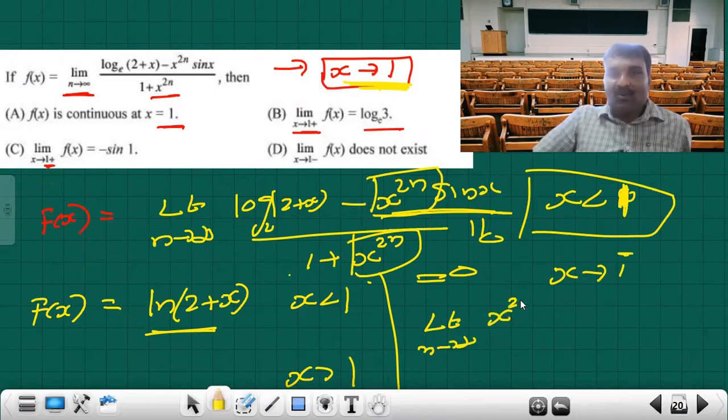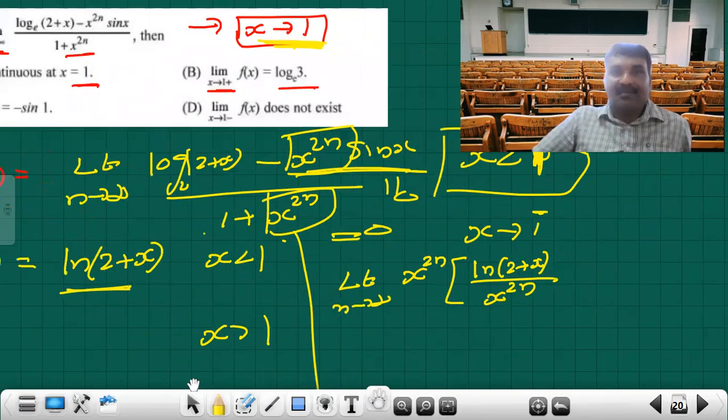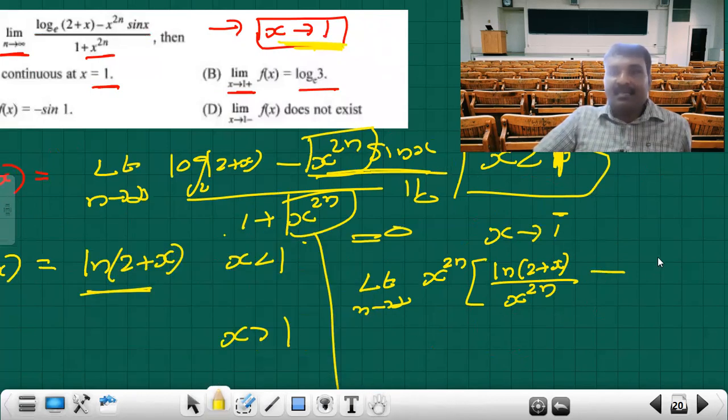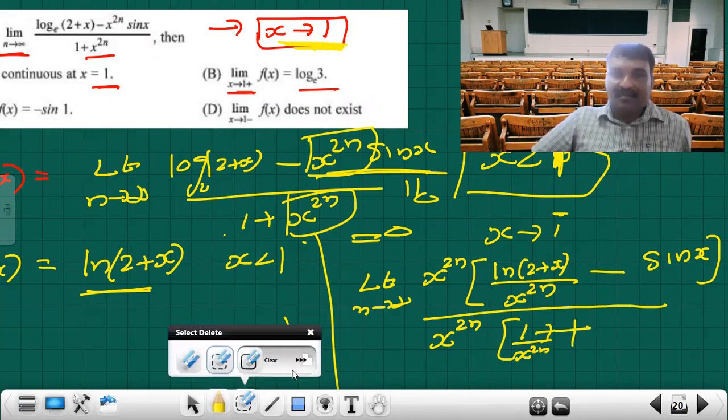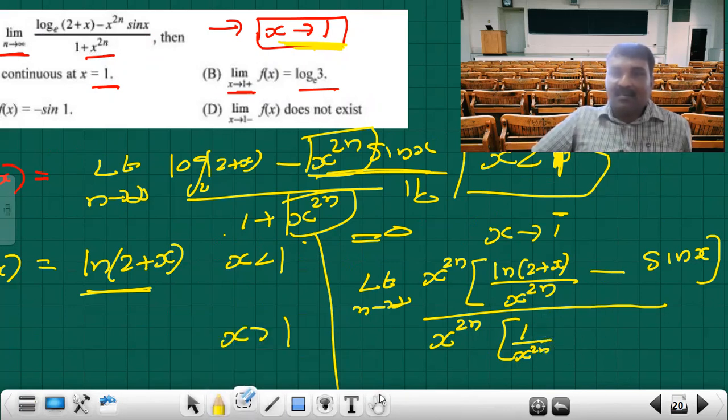I'm taking x raised to 2n outside, into ln 2 plus x divided by x raised to n, minus sin x, since x raised to 2n is taken outside. And from the denominator also, I am taking x raised to 2n outside: 1 by x raised to 2n plus 1, right?